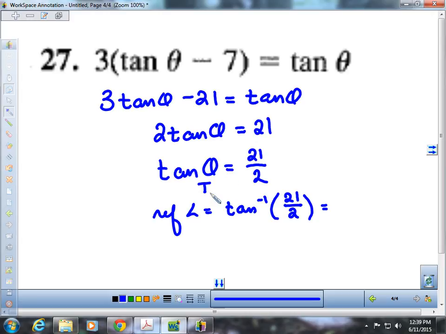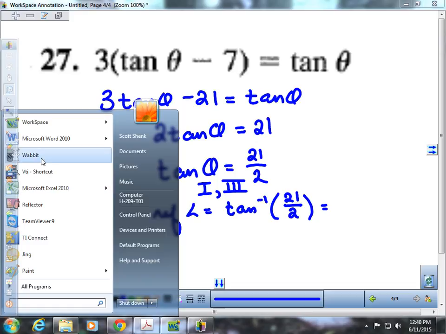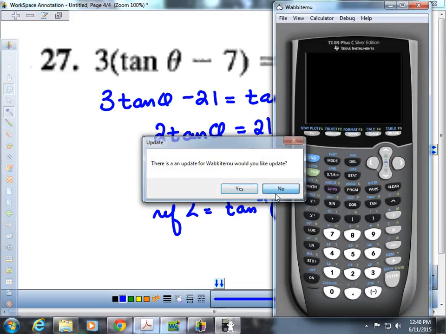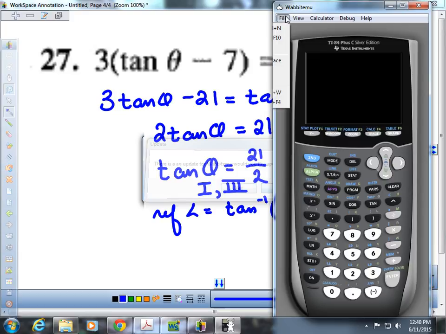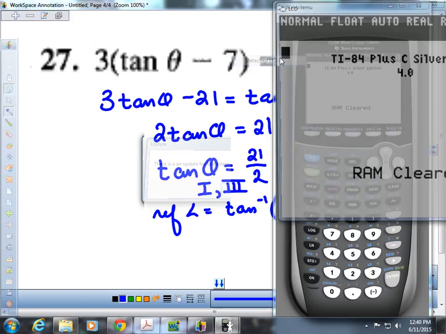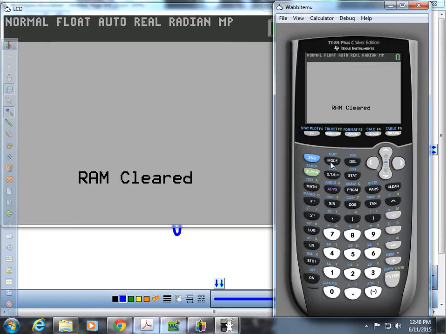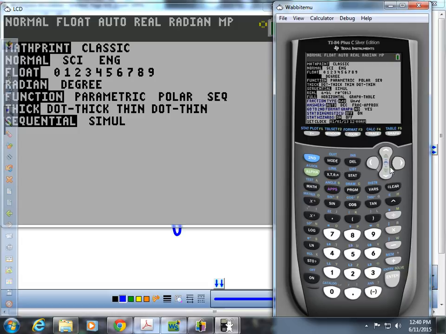We're looking for a first and a third quadrant angle. So let's go ahead and figure out what our reference angle is. What mode do we want to be in for this, folks? Degrees. Yeah, we want to be in degree mode.